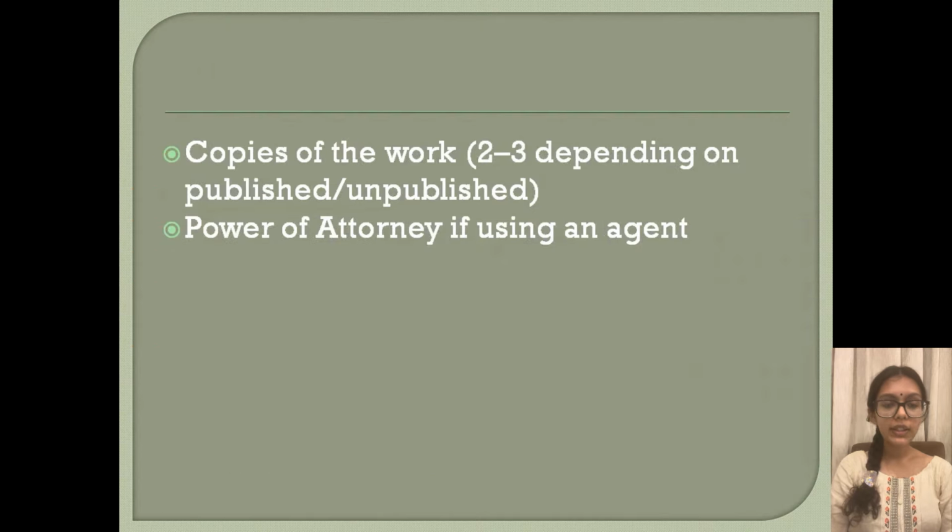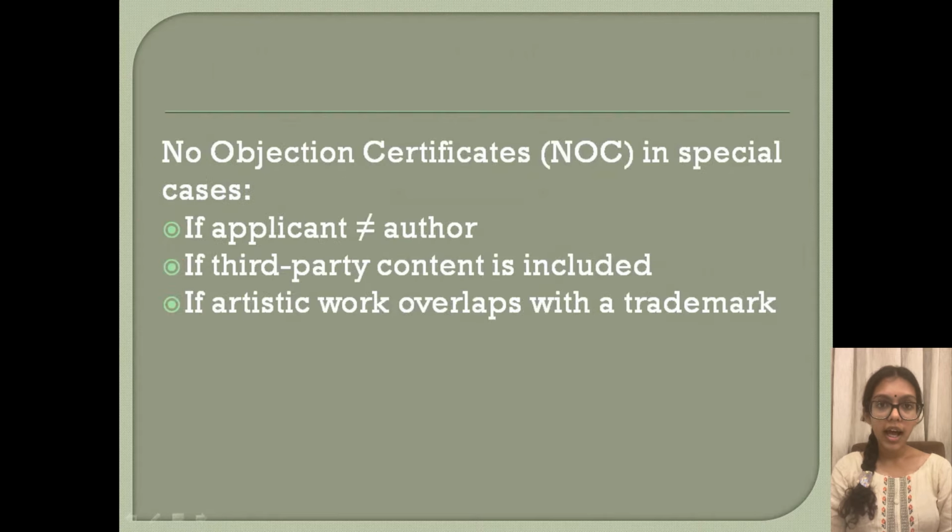Then the fourth one is copies of your work, and fifth one is power of attorney in case you are using an agent, and sixth one is a no objection certificate. Now the no objection certificate, which is also known as NOC, is used in case you are not the author, you are just claiming the ownership, or in case of work that uses third party content.